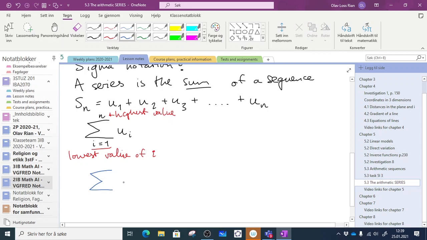But I want the sum of all u's from 2 to 4. So I want to sum up the terms, the second term, the third term, and the fourth term. So that is what this means. This means I want to sum up u2 plus u3 plus u4.